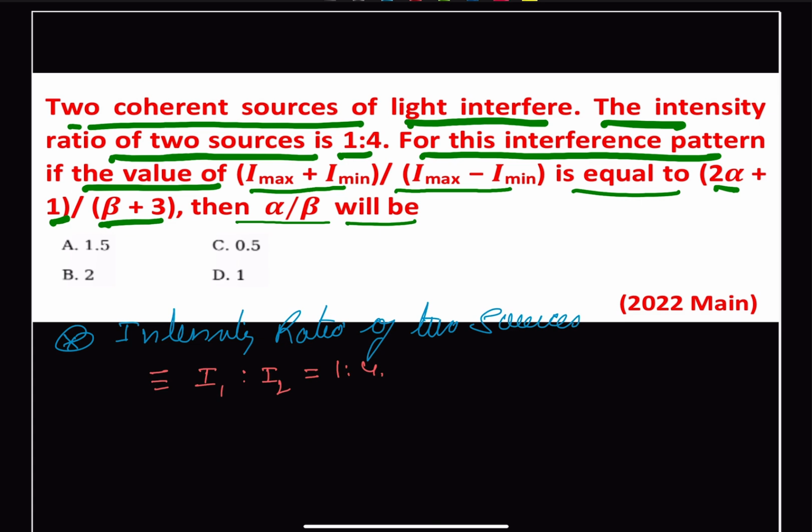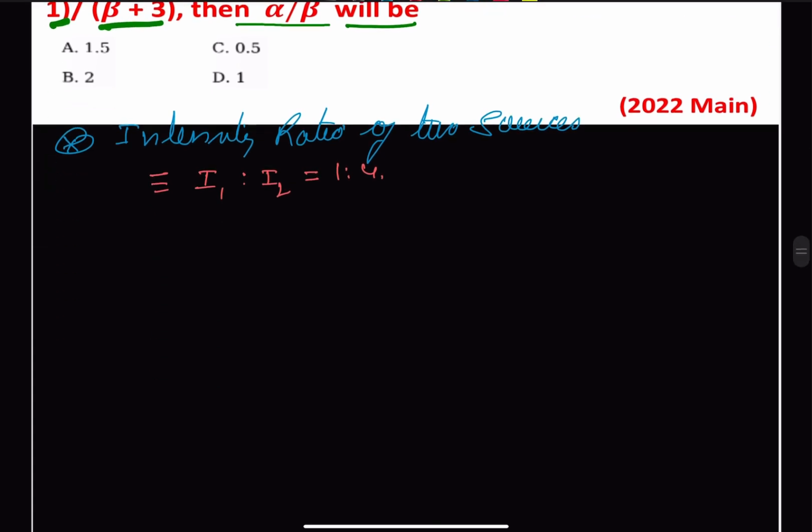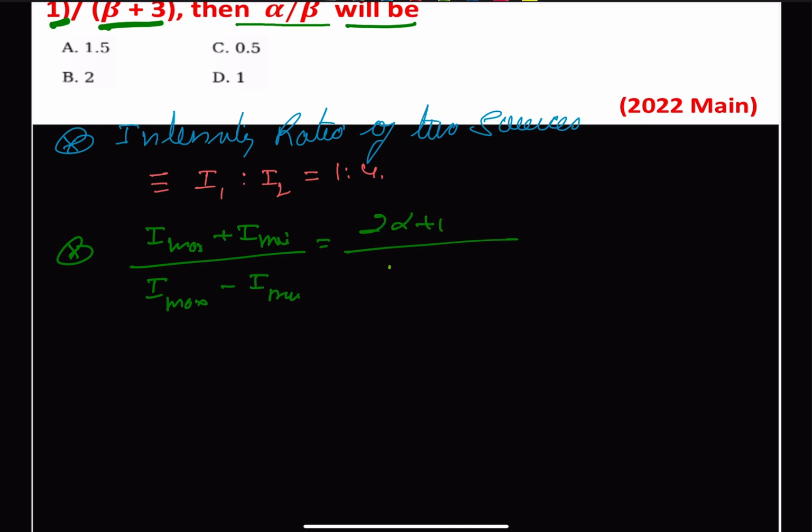And we are also given that I max plus I min divided by I max minus I min is equal to 2 alpha plus 1 and beta plus 3.